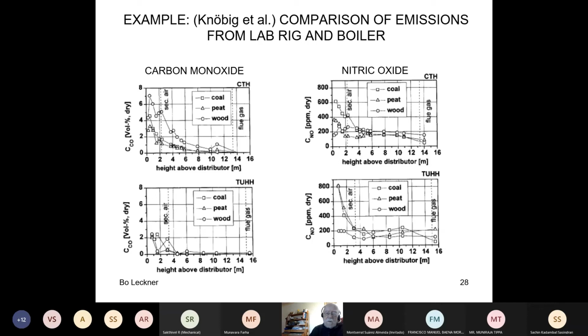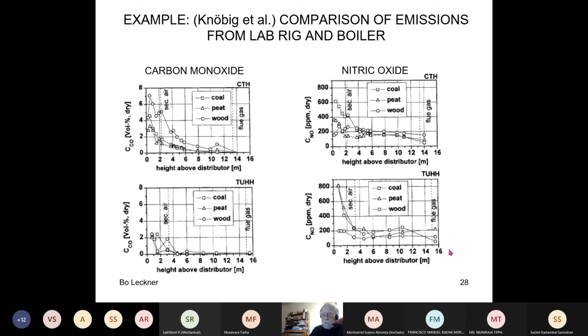But the narrower reactor was more efficient for carbon monoxide, because this is directly affected by the presence of oxygen, whereas the nitric oxide is reduced more slowly, perhaps in both cases, because it is dependent on the presence of char for the reduction of nitric oxide.